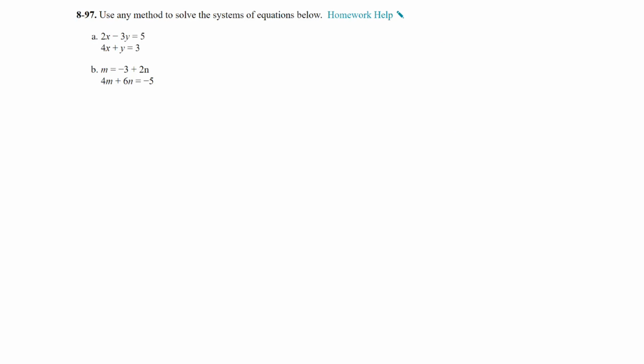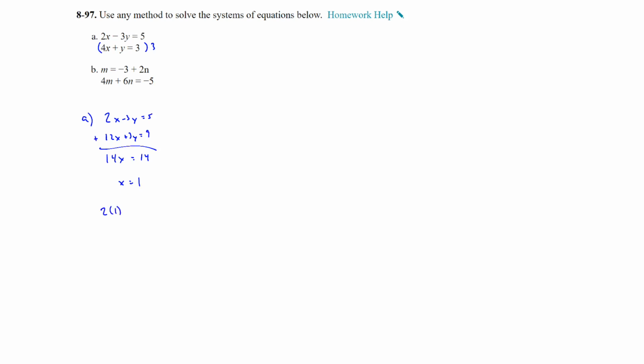Question 97. Use any method to solve the system of equations below. So we are back to solving a system of equations. We have 2x minus 3y equals 5. We might take the second equation here and multiply by 3, so I'm going to use elimination. And I'll add those up, and I get 14x is equal to 14, divided by 14, and x is 1.